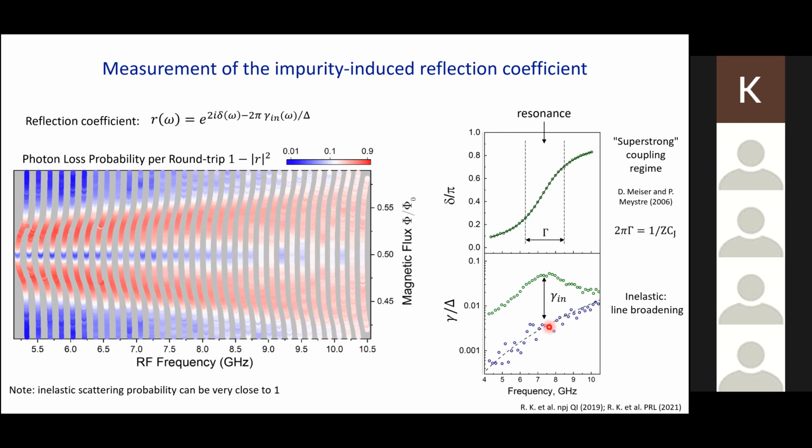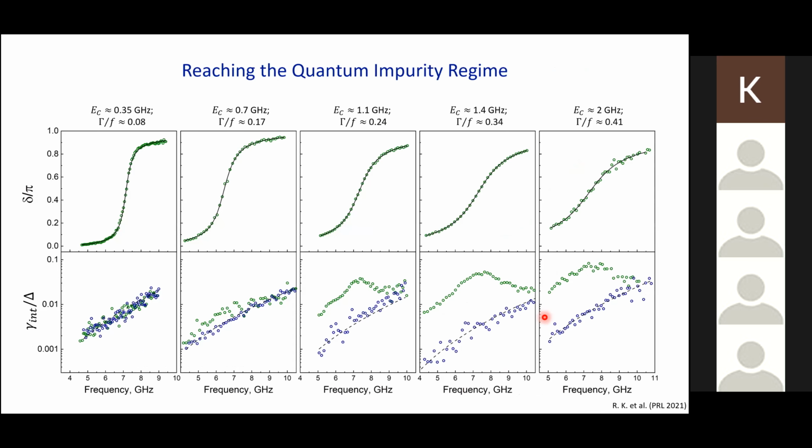And when the impurity is tuned to around 7 GHz, you see a peak in gamma, and this difference is the effect of the impurity, this inelastic decay. So we can see how it actually appears when we change the parameters of the impurity.